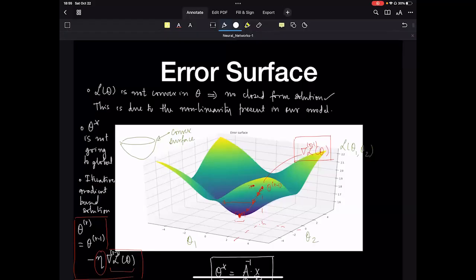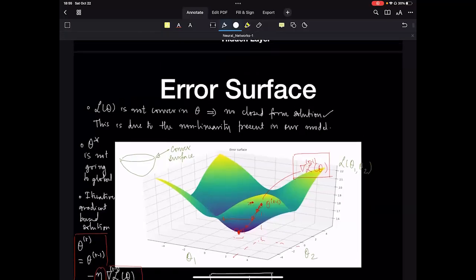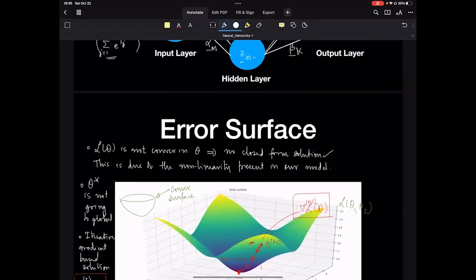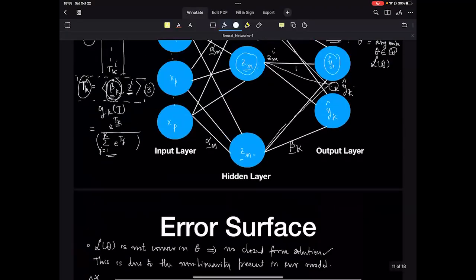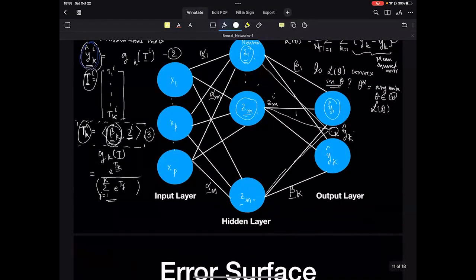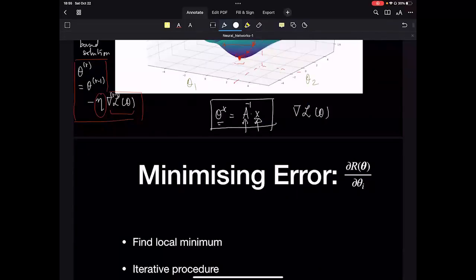Now the next step in our analysis is to see if we can find the gradient of L of theta, which is what we have written here. And once we find this, is there an efficient way to find the gradient? That efficient way is what is going to result in the backprop algorithm. That's what we are going to do in the time that remains.